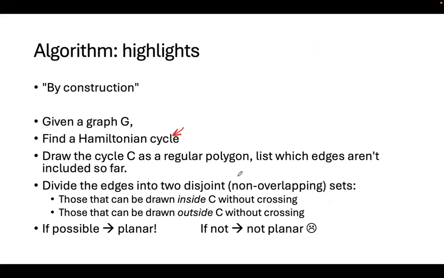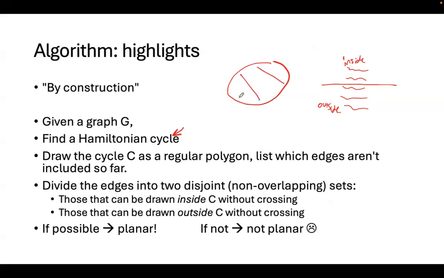Then we try to partition those edges into two disjoint sets where some of those edges go inside. So if this is the cycle and we've got our list of edges over here, some of the edges will go inside and others go outside. These all will go inside without crossing. So maybe it's like this, but we can't have something that goes like that.